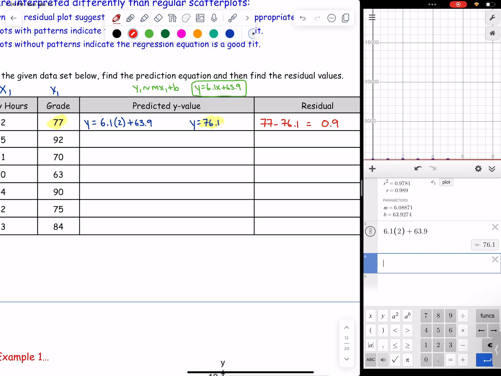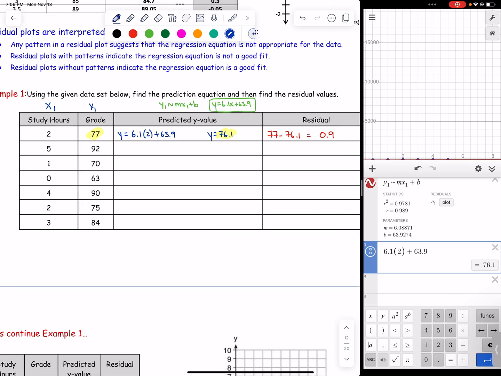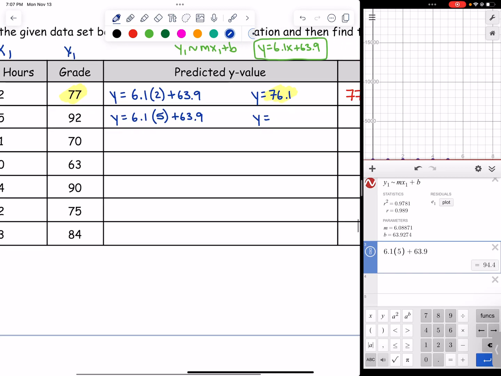Notice this takes a lot of work, but we can do it for each one of these. So for the next one, the predicted equation is 6.1 times 5 study hours plus 63.9, and we get our predicted amount. So let's just replace the 2 with a 5, and we get 94.4.